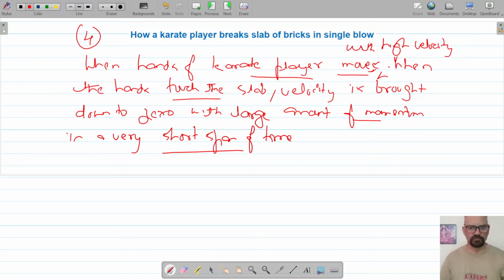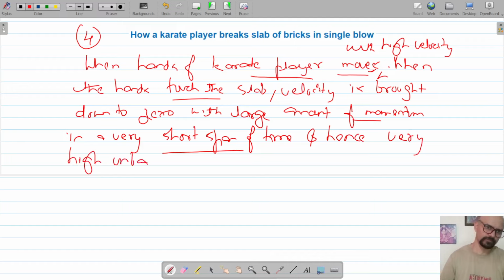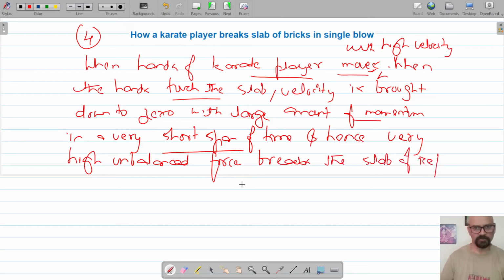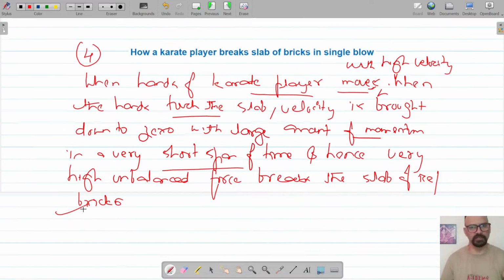Because of this very short span of time, the rate of change of momentum is increased, and hence we can see a very high unbalanced force. This breaks the bricks or the slab of ice. Okay, so this is how exactly the karate player breaks a slab of bricks in a single blow.